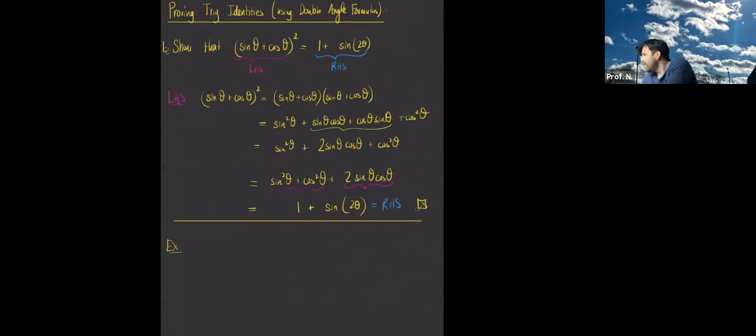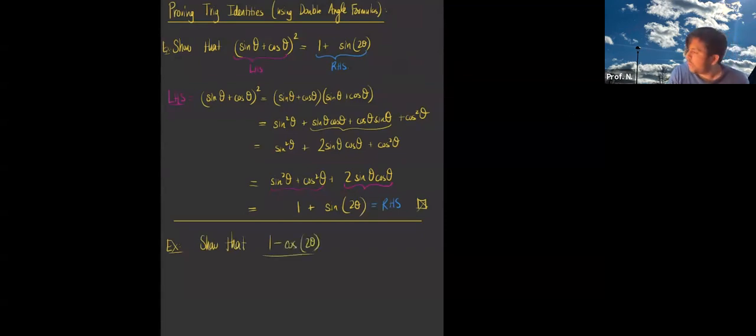Okay? So there's tons of these. Tons. What if I get this? Show that 1 minus cosine of twice the angle over sine of twice the angle equals tangent theta.